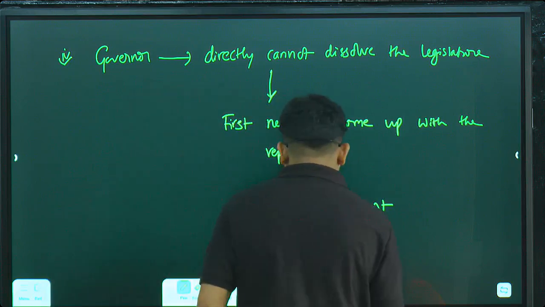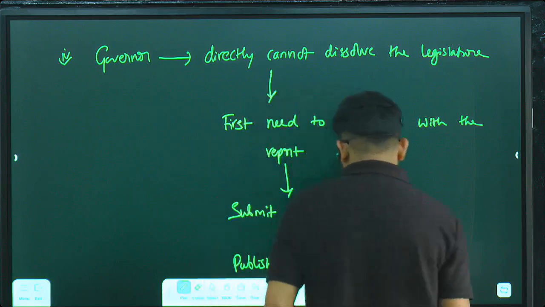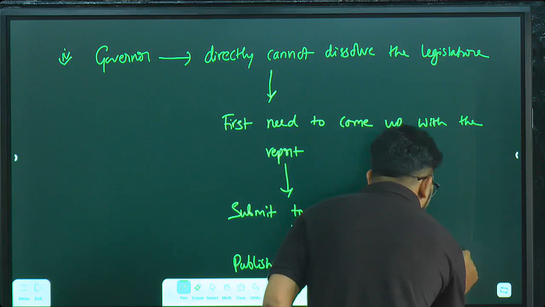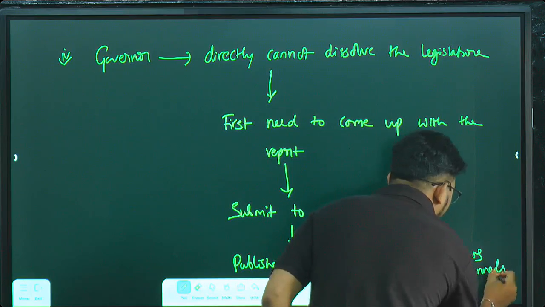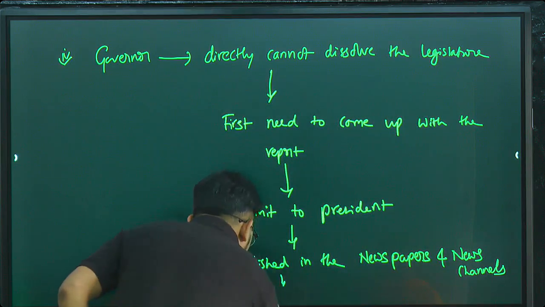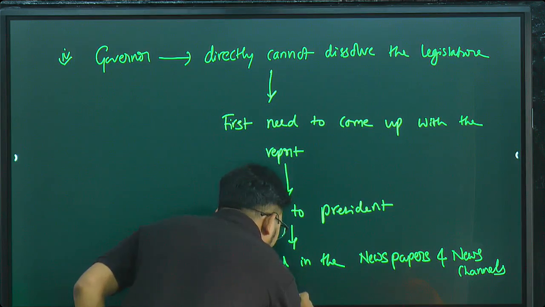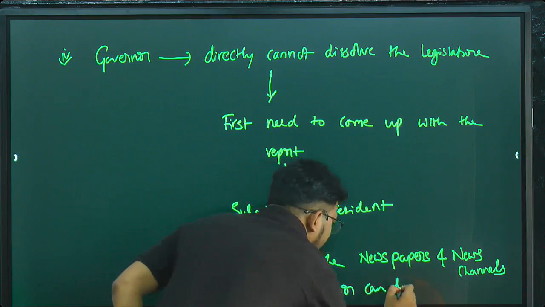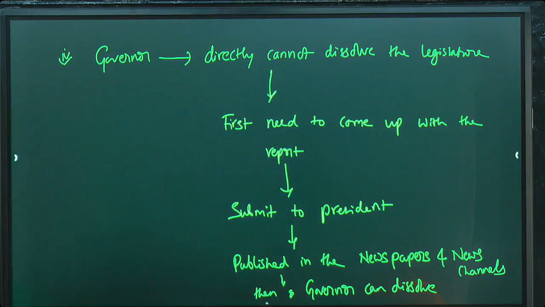This must be published in the newspapers and news channels, and then governor can dissolve the legislature.